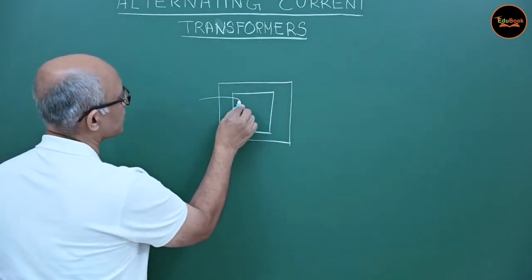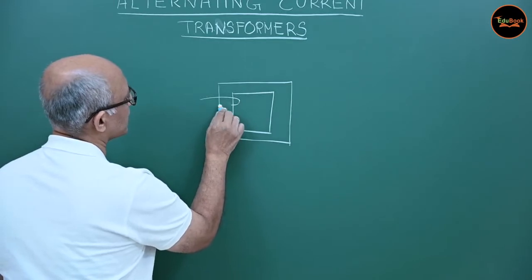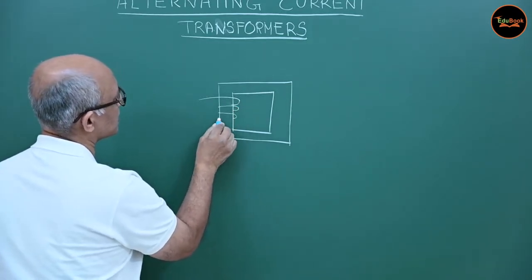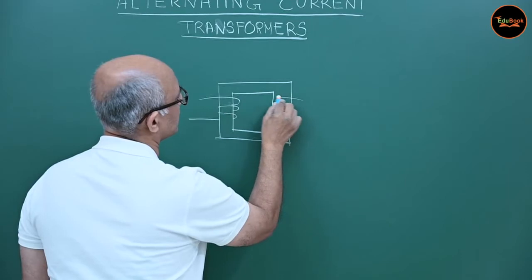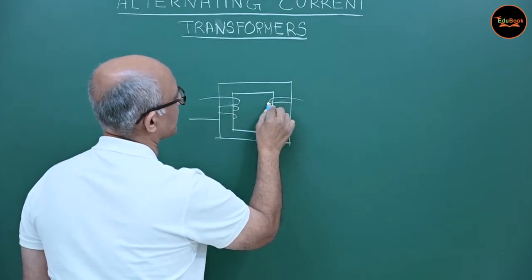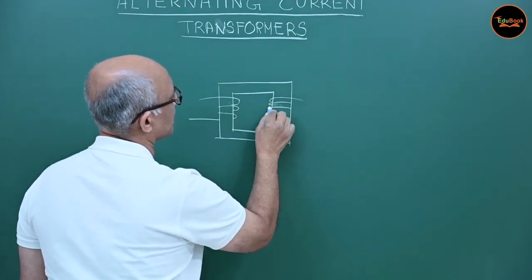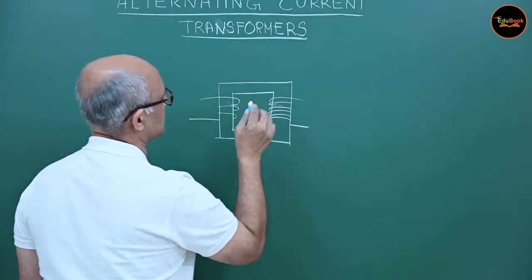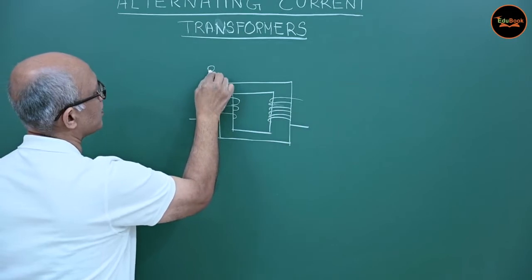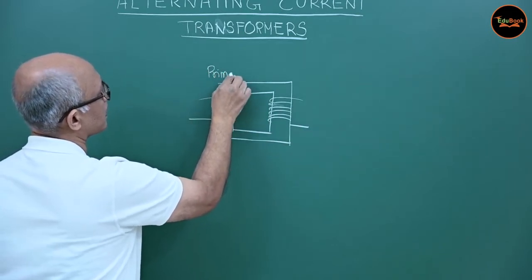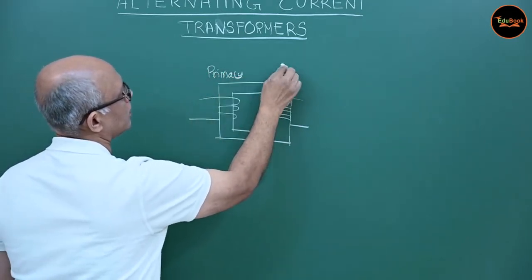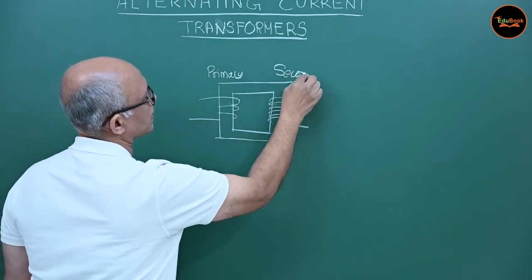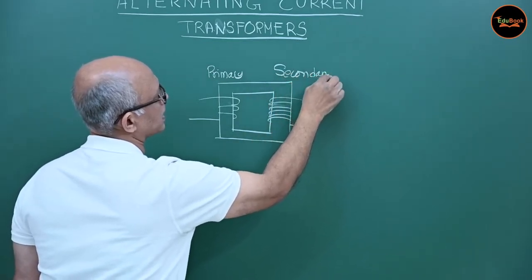Now you have a winding here like this and another winding here like this. We'll call this the primary side and we'll call this the secondary side. So primary and secondary.